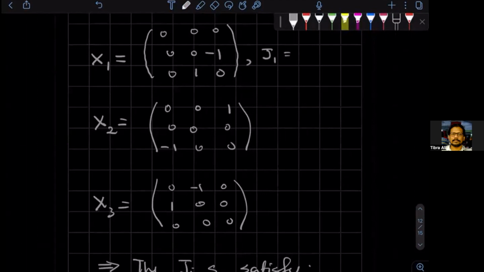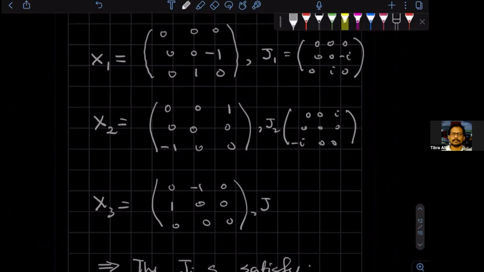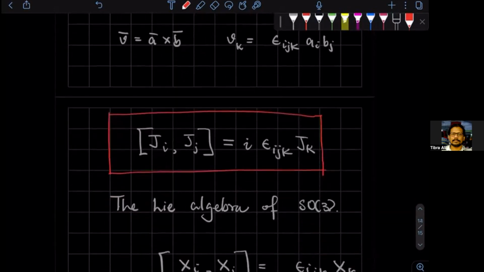So J1 is going to be... as you can see, if you look at this 2 by 2 component, well, actually, that's not a good way of looking at it. The J1, J2, J3, they're going to be a representation of the Pauli algebra.